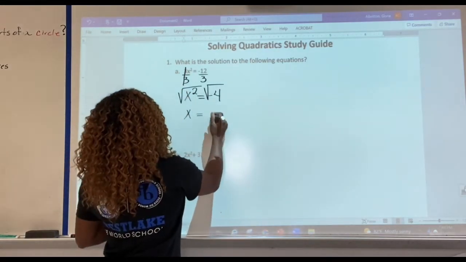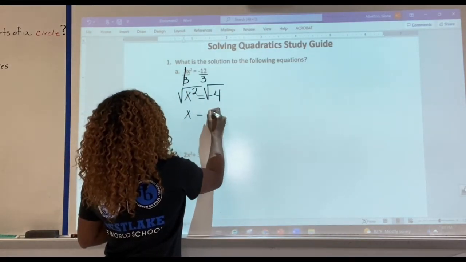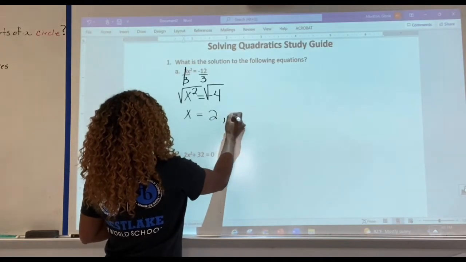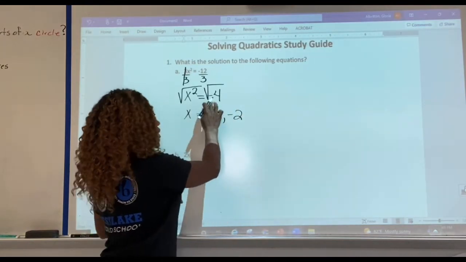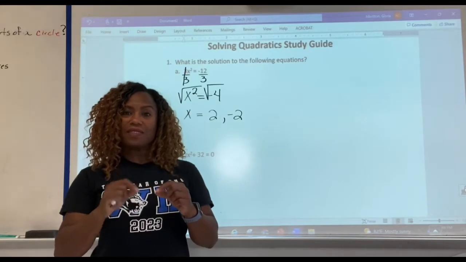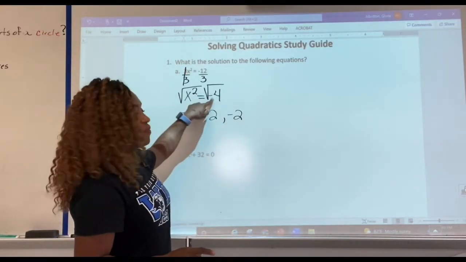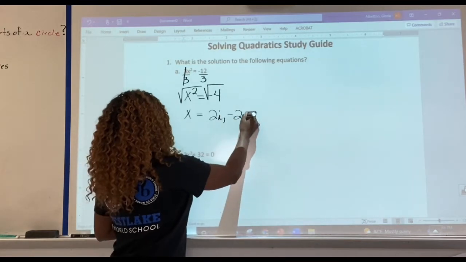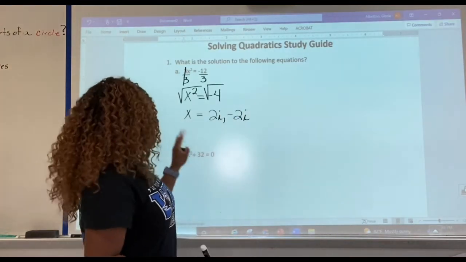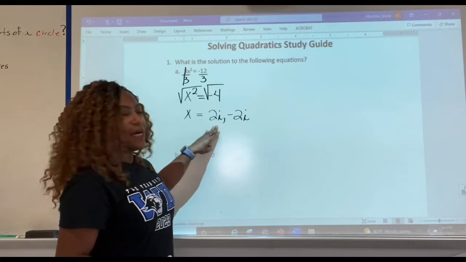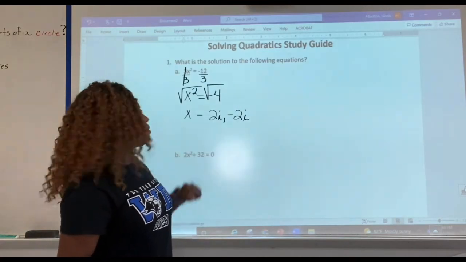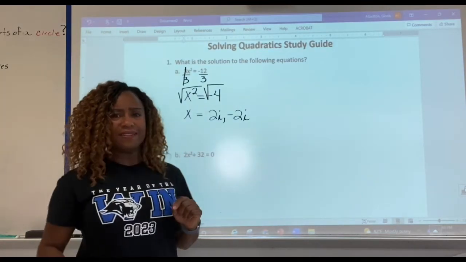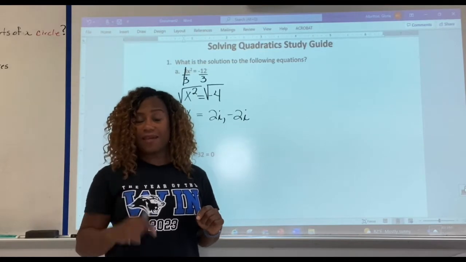So what I'm going to have here is, of course, the square root of 4 is 2, and also negative 2. But in order to account for the negative that's underneath that radical sign, with the 4, I need to use my imaginary i on both of those values. So the answer for x is 2i and negative 2i for this problem, because we have a negative radicand.